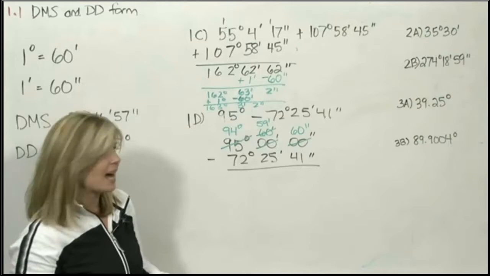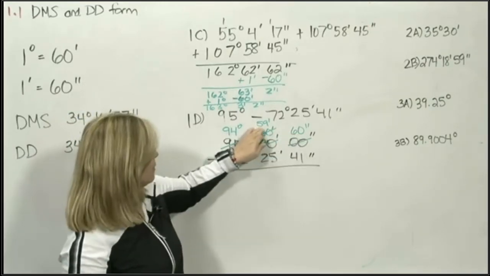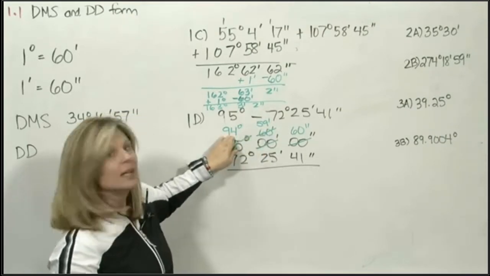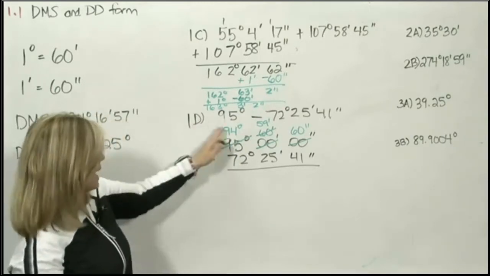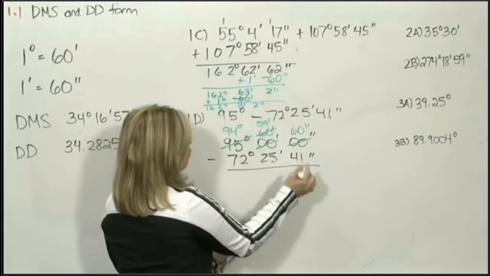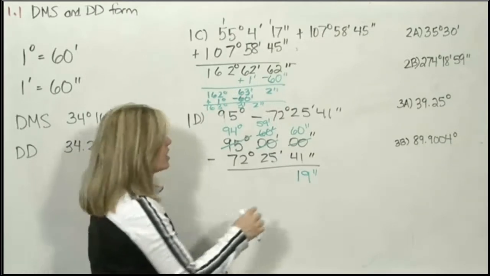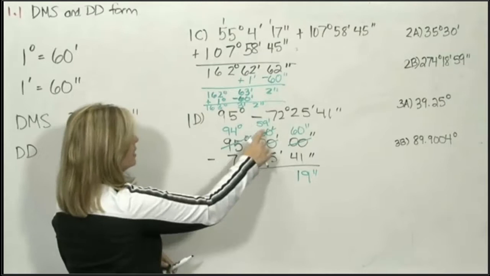Now think about this, guys. 60 seconds really would be a minute. 59 minutes and a minute would be 60 minutes, which really is a degree. 94 degrees and 1 degree would get us back to the 95. But now with the exchanging, I could subtract. 60 seconds minus 41 seconds is 19 seconds.